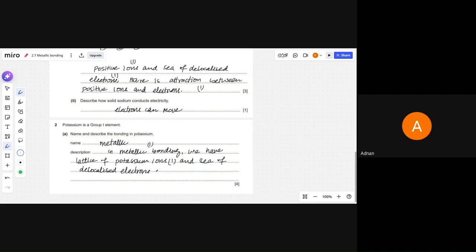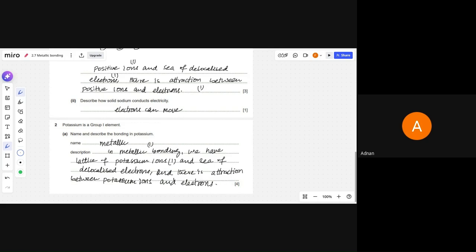Which attract potassium ions. Or to structure this sentence accurately, we can say that there is a sea of delocalized electrons, and there is attraction between potassium ions and electrons, right?